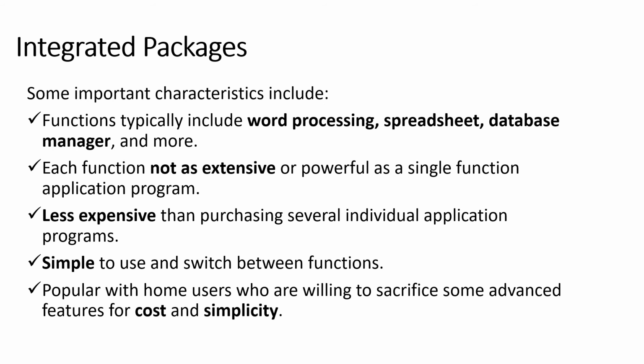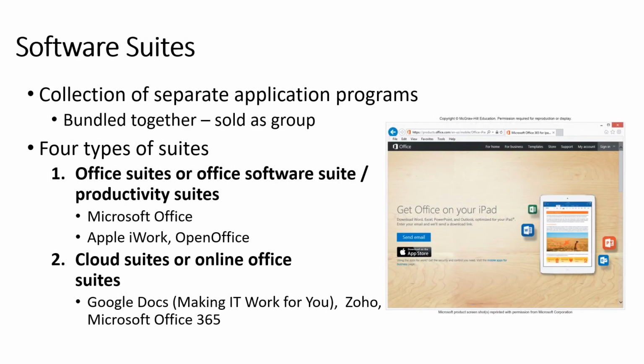But the advantage of integrated packages is that they are less expensive because it comes in one software only and it is simple. Compared to a software suite, it is bundled together and sold as a group or available as a group.